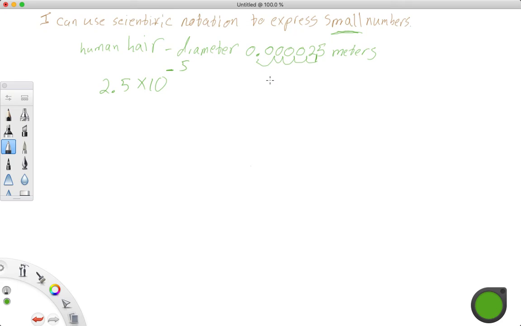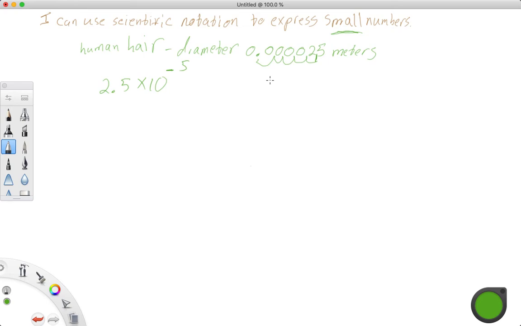And just to make sure, we're going to put this into our calculator, and hopefully I don't have to redo this video because it's completely wrong. 2.5 times 10, and on your calculator, to raise to a power, there's usually a little caret. It looks like a little partial triangle with no base, or x to the y.